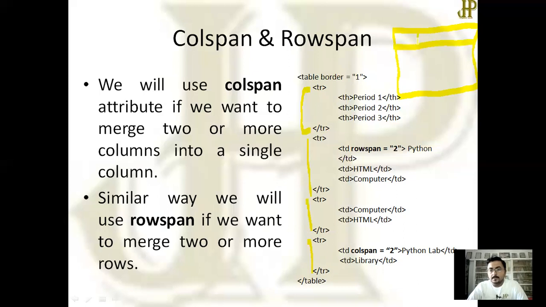And there are 3 columns: 1, 2, 3. TH, TH, TH. Clear? Now, in the second row, I'm going to give rowspan equal to 2. So here you can see that in the next row there are only 2 TD, while we would have had to give 3 TD.